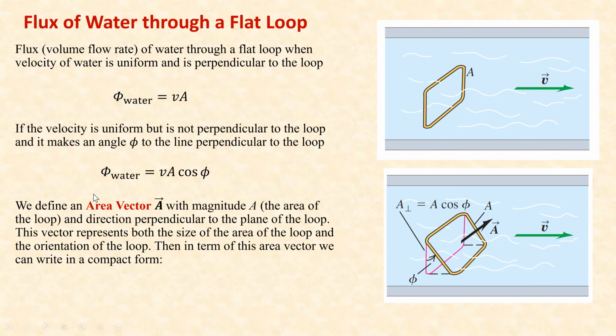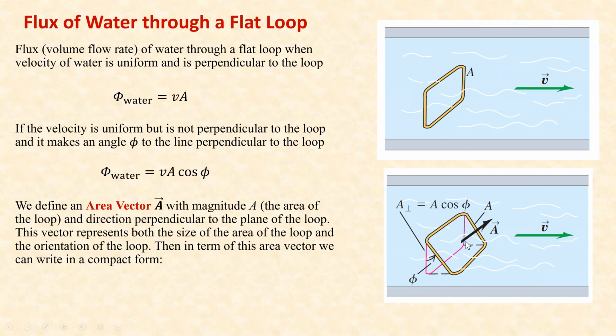But we are going to define an area vector. The area vector for this loop is perpendicular to the plane of the loop, and its magnitude is equal to the area of the loop. If you write this area vector, you see that V A cosine phi is the magnitude of velocity times the magnitude of the area vector times the cosine of the angle between them.